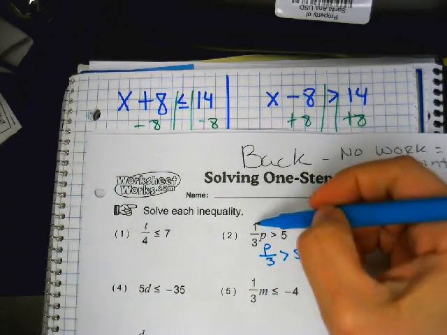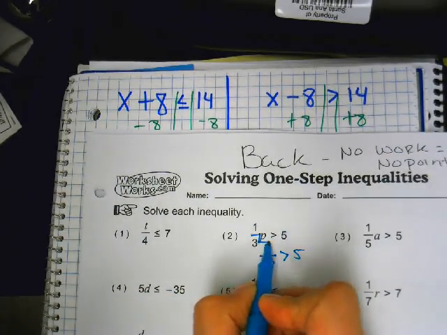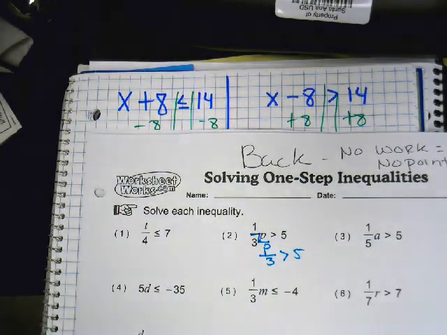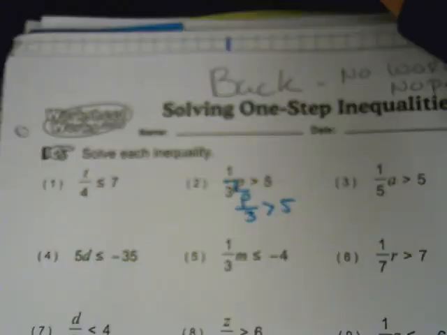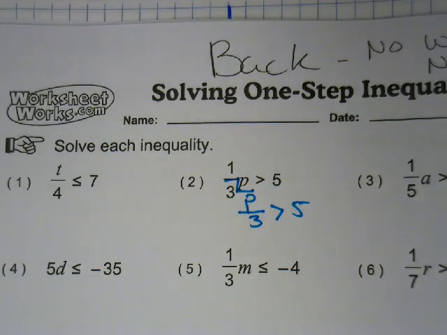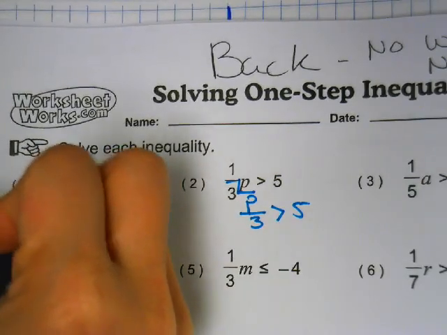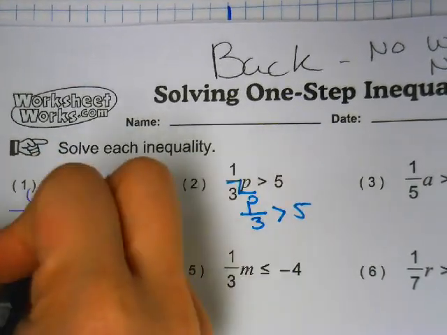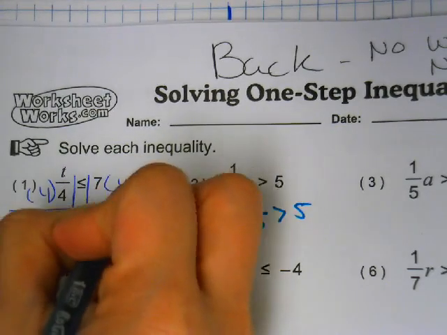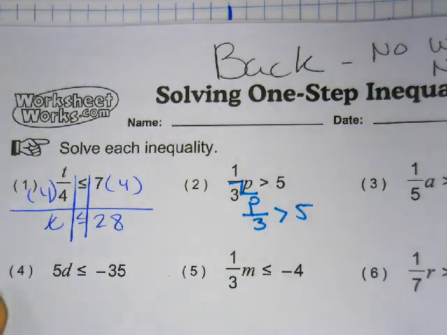So when it's written as a fraction, the P goes on top, and it's a division problem. So what's the opposite of division? Multiplication. Is there enough room to show your work? Yeah, there's enough room.